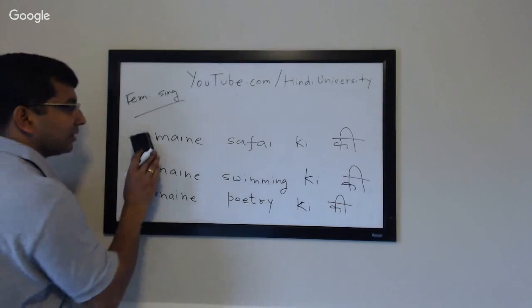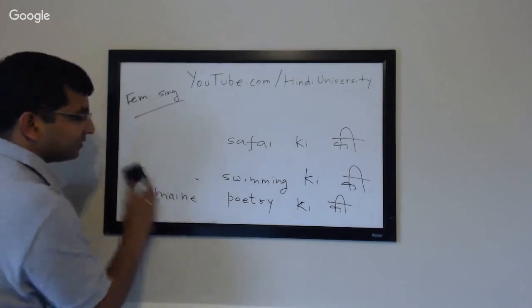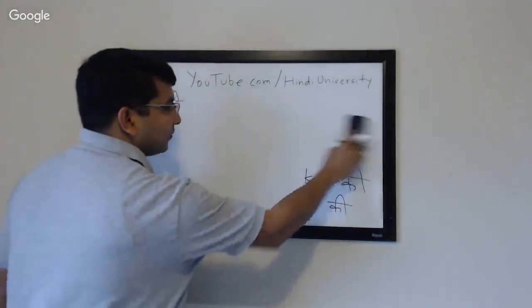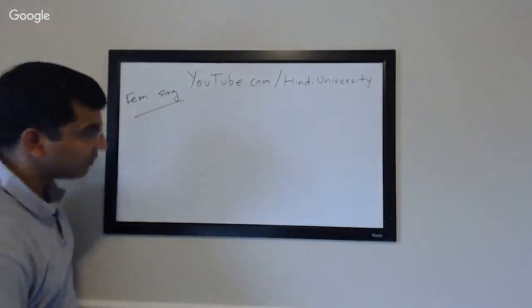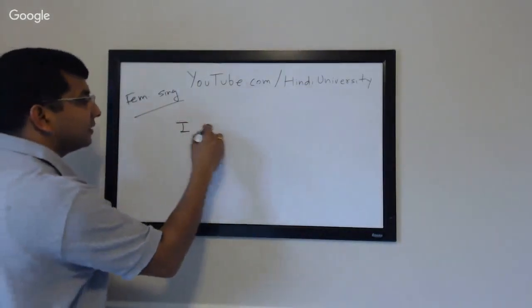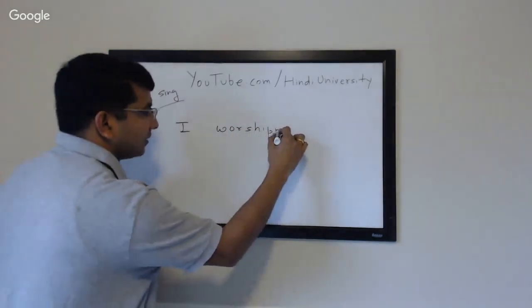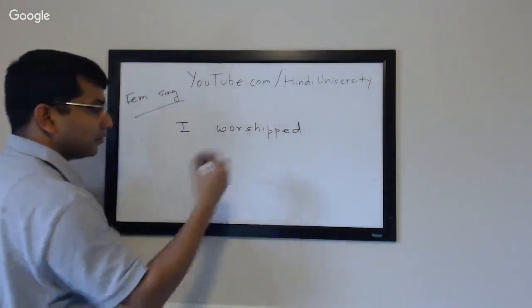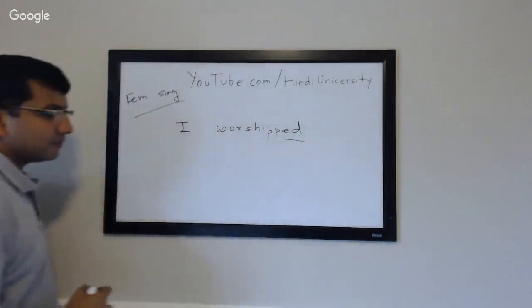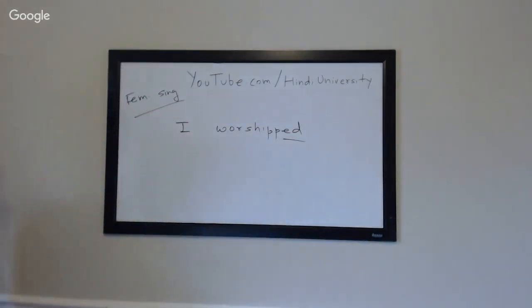Let me ask you this. How do you say that? I probably cleaned up a bit early. But let's say you want to say I worshipped. You can say it's a past tense. How do you say that in Hindi?